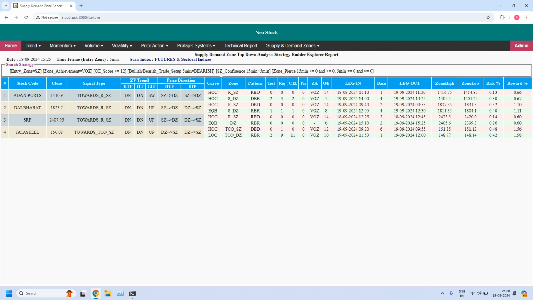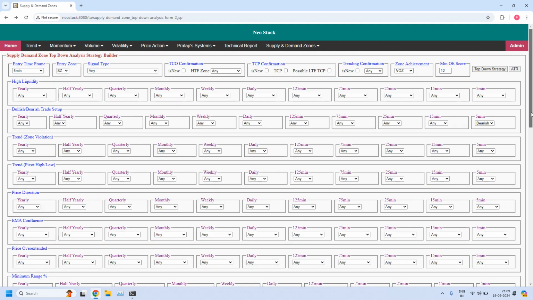See here, always we need to check this supply zone confluence, 15 minutes and 5 minutes. Earlier mistakenly I had selected 15 and 75. 15 and 75 should be used while generating HTF confluence. Okay, these are the supply zones, 4 supply zones. Now let's verify out of these 4, which 15-minute supply zone is having EMA confluence.